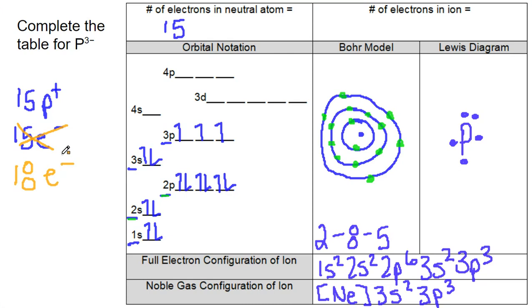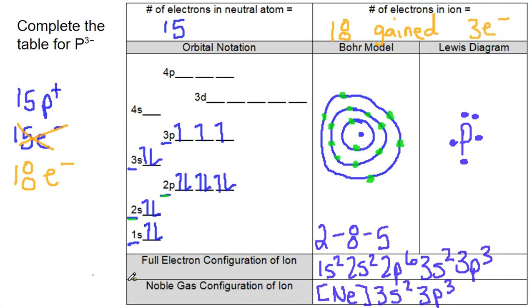Okay, there's 3 more negatives than positives. So the number of electrons in the ion would be 18. And when the phosphide ion formed, the phosphorus atom gained 3 electrons.